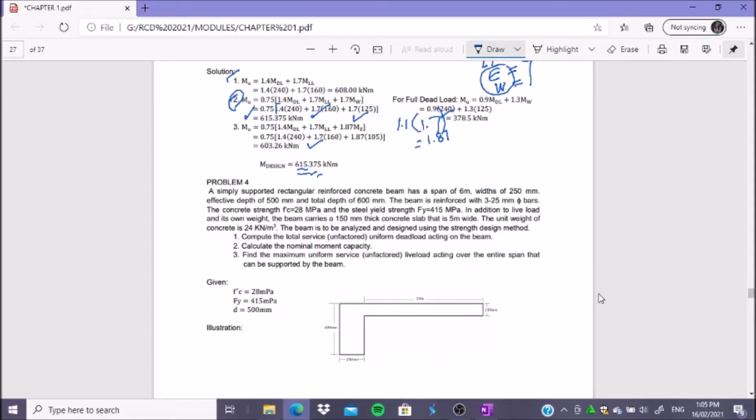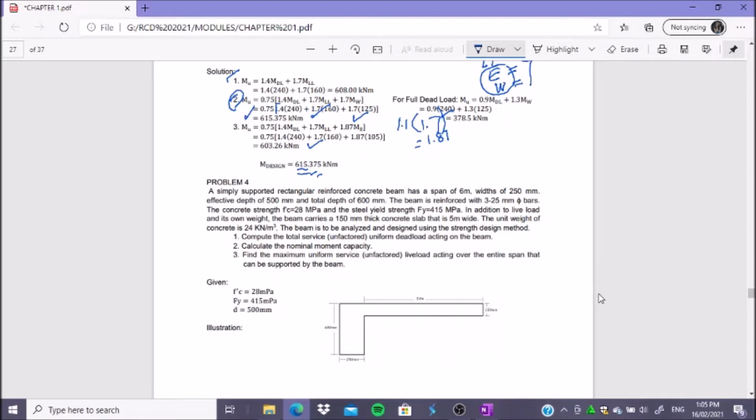The concrete strength f'c is 28 and the steel yields fy 415. In addition to the live load and its own weight, the beam carries a 150 mm thick concrete slab that is 5 meters wide. Okay, the unit weight of concrete is 24 kilonewton per cubic meter, and the beam is to be analyzed and designed using the strength design method.